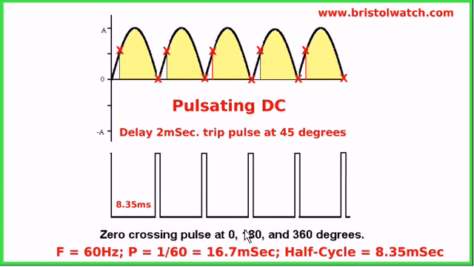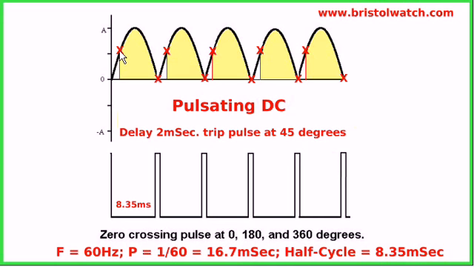That can sort of be illustrated here. Even though I'm using pulsating DC, it works the exact same way with the AC. Here's my 0 crossing pulse. I get an interrupt. I read the pot. I calculate a delay. Say I calculate a 2 millisecond delay. I cut on the half cycle at 45 degrees.